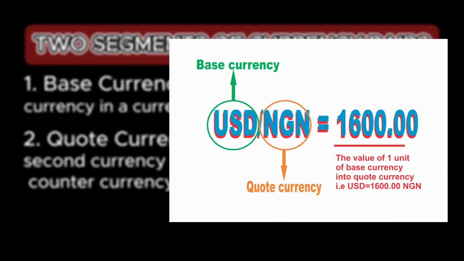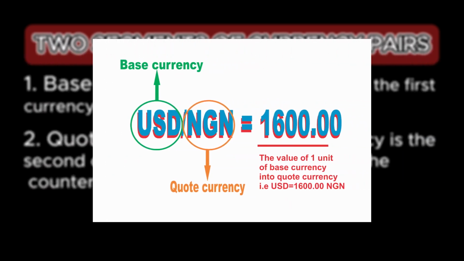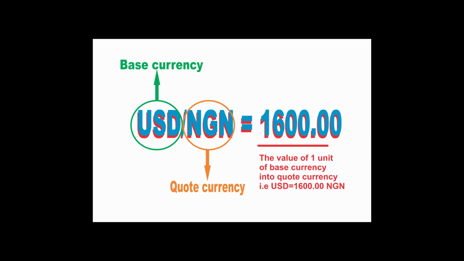Take for instance again, if the price of USD against Nigerian Naira is 1,600, that means you will need 1,600 Naira to buy 1 USD.